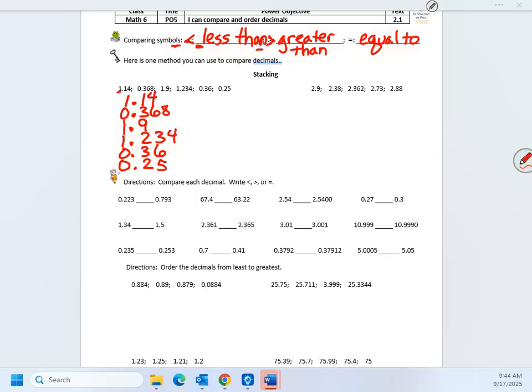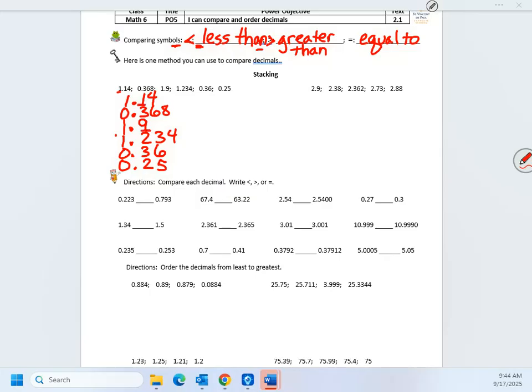Now we're going to compare. The first thing we look at is the digit that's farthest to the left, that ones place. What's greater, a 1 or a 0? Fernanda? A 1. So now I have three numbers that I need to decide which one is bigger. I go to my next column.